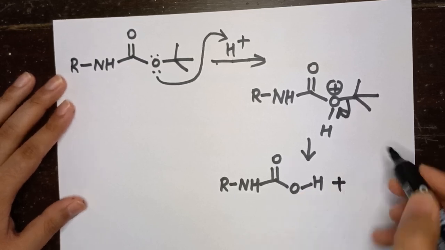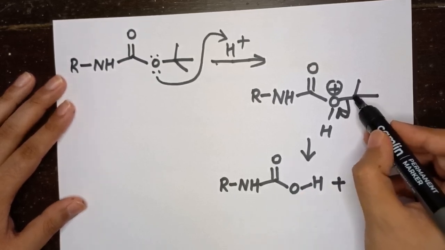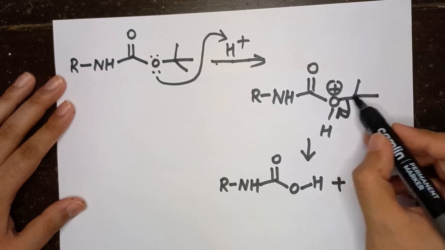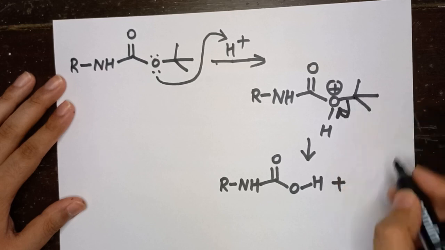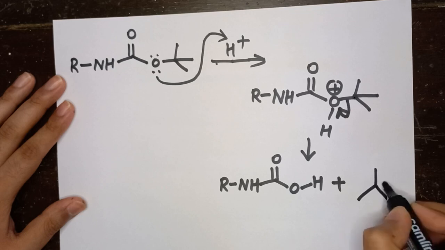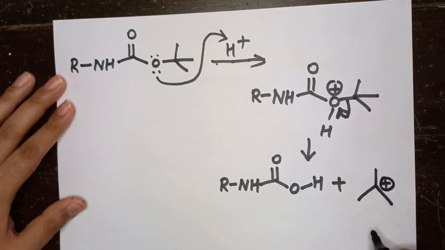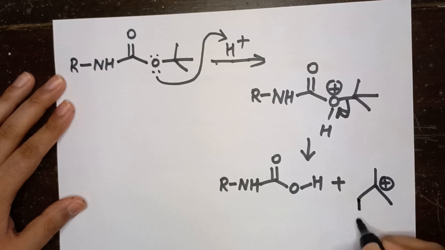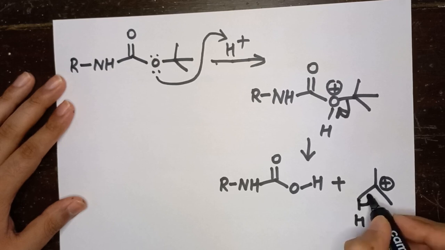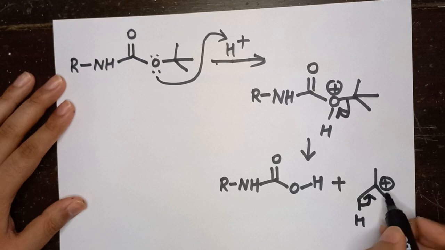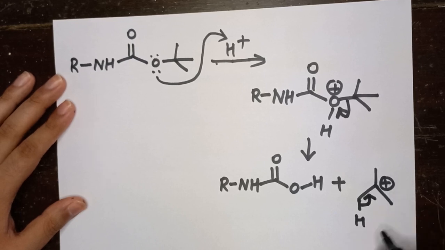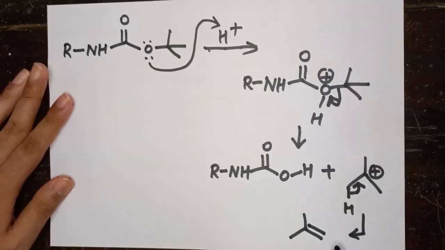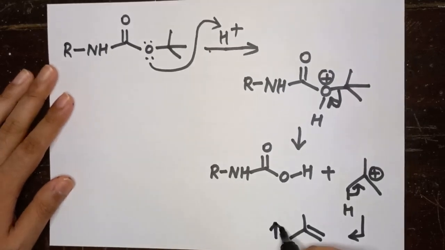Here this carbon will get a positive charge because both electrons are taken by oxygen, so you have generated a carbocation here. Furthermore, the hydrogen attached to this carbon will leave, forming a double bond and satisfying the valency of this carbocation, and will generate isobutylene gas. So this will leave the system as a gas.